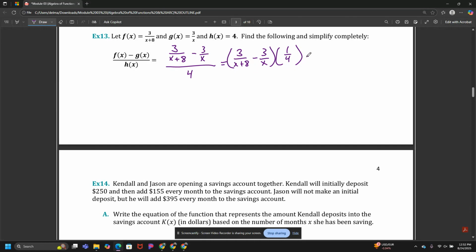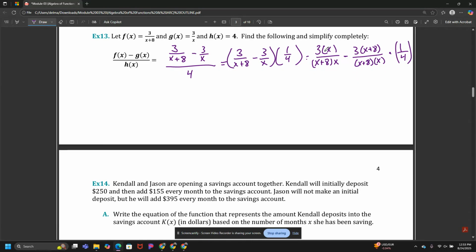Okay, so I'm going to rewrite that out here. So I'm going to have 3 times x over x plus 8 times x minus 3 times x plus 8 over x plus 8 times x. And that's to get that common denominator, and it's going to be times that 1/4.